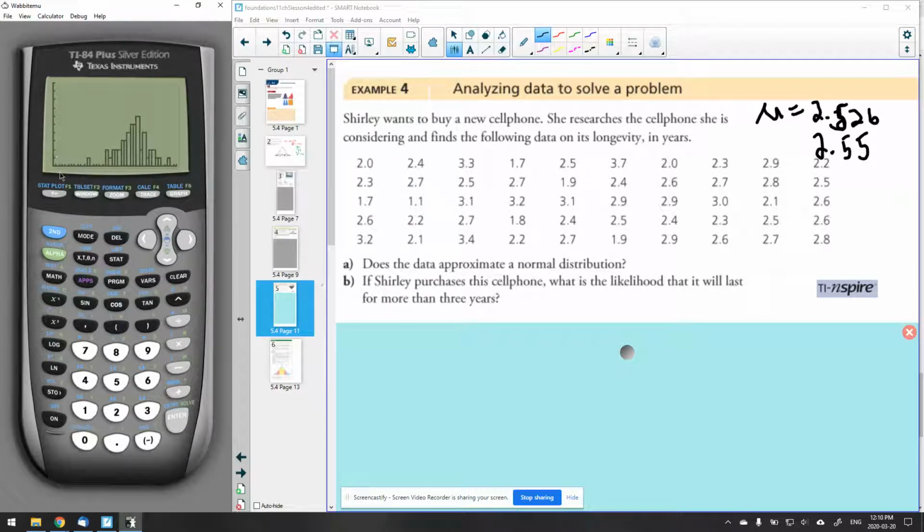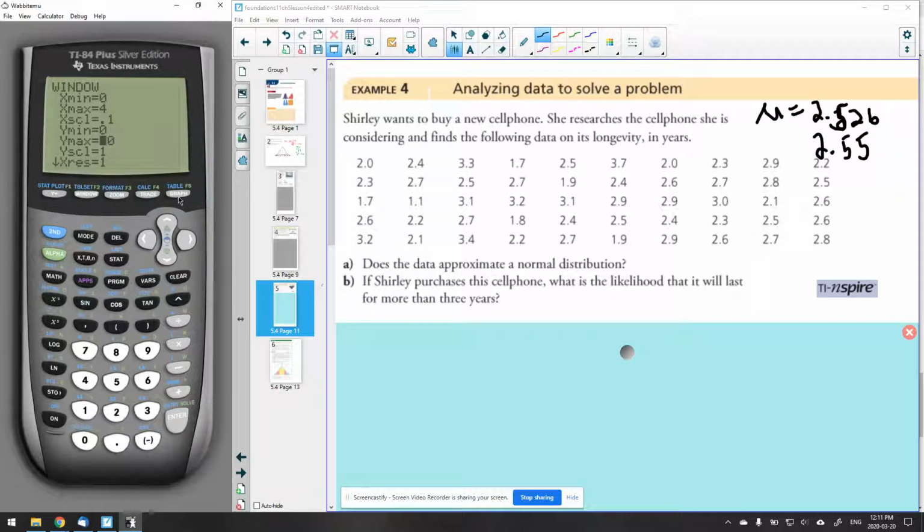Now, you might have to change your window settings. So I chose these. Window X min is 0, X max is 4, right? None of our data points are above 4. X scale, I just chose 0.1. That's entirely up to you. Y min is 0. Y max, I chose to be 10 because I don't think there's more than 10 data points in any one given spot.